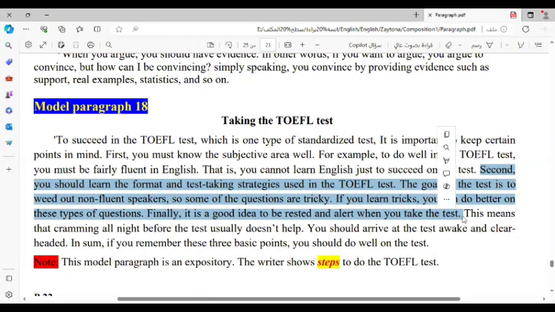Yes, who can read second till finally? Yes, go ahead. Second, you should learn the format and test-taking strategies used in the TOEFL test.